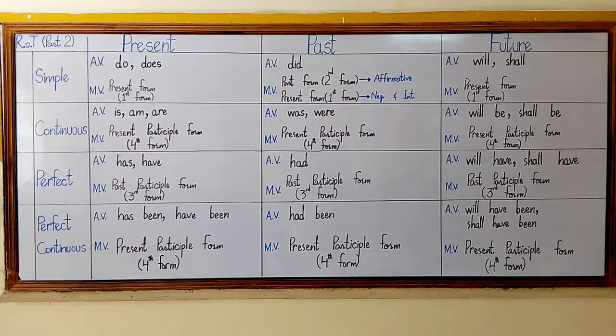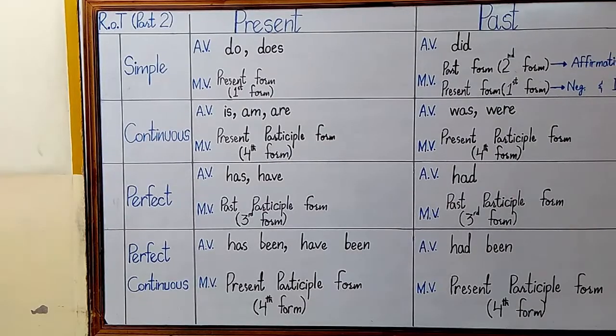I have used AV for auxiliary verb and MV for main verb. Let us look at the auxiliary verbs and forms of main verb used in each tense. We will go through the present categories first.